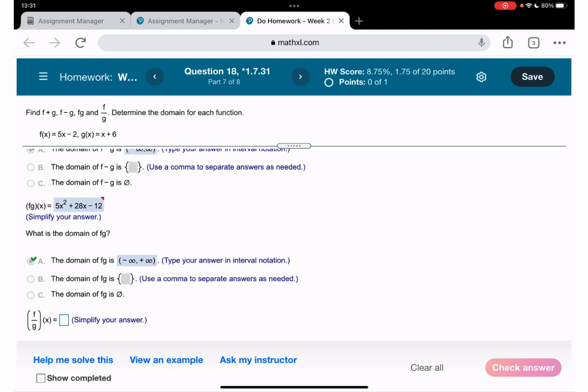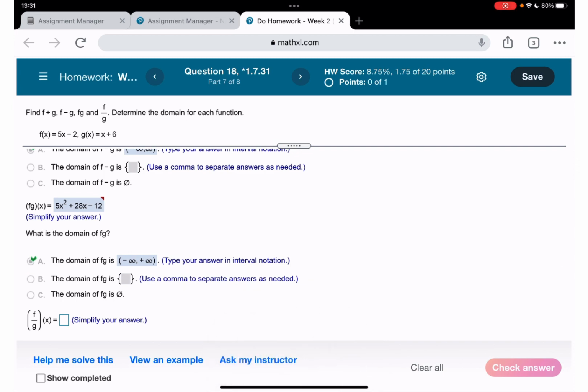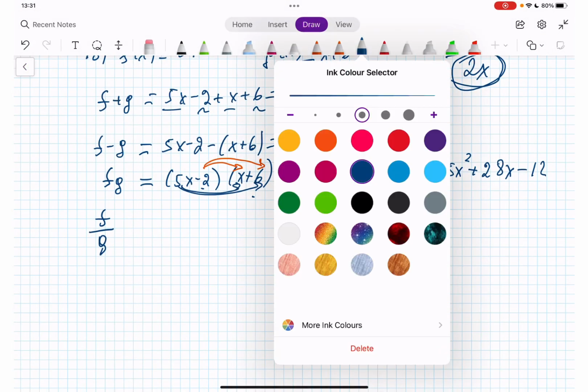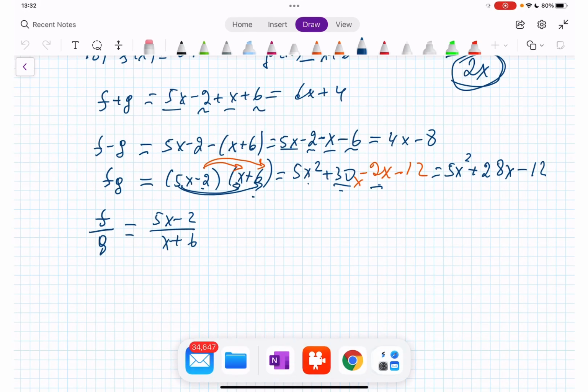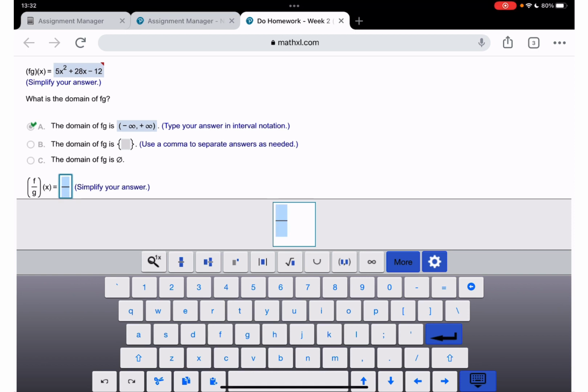And lastly, division. Let's do division. So division is going to be 5x minus 2 divided by x plus 6. And that's it. We can't do anything here. So that will be the result. Here it's going to be a fraction.